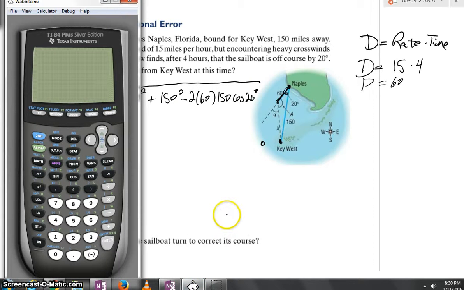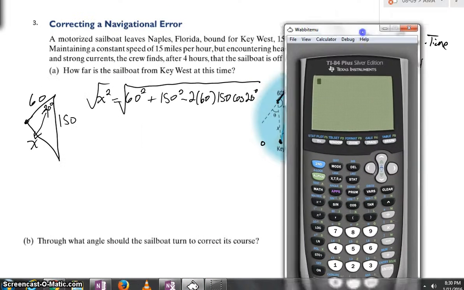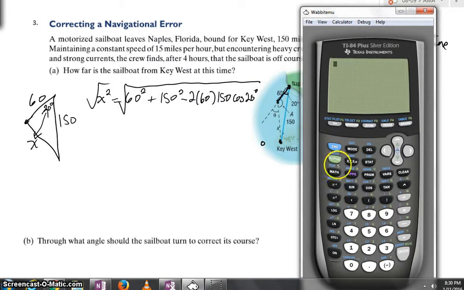And here's the wonderful thing, the calculator, in all truth, becomes such a wonderful tool for us. It will allow us to do this problem. You don't have to square the 60 or the 150 individually even. You can plain and simply just get this all typed out. And don't forget to check that your mode is on degrees.